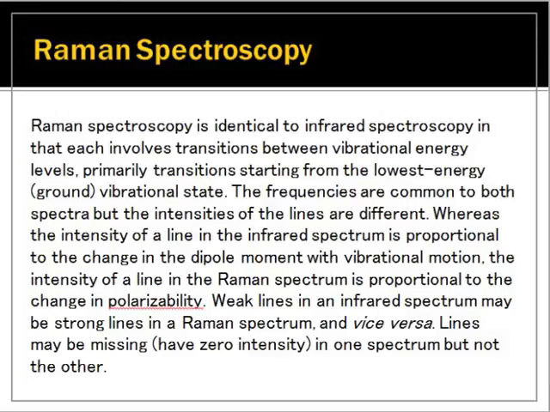The second reason that it's valuable is that it is an entirely different experiment. It's reflectance as opposed to passing through. It is significantly more costly than infrared, mainly because the calculation of the first derivative of the polarizability is a fairly computationally expensive step, but it's doable.